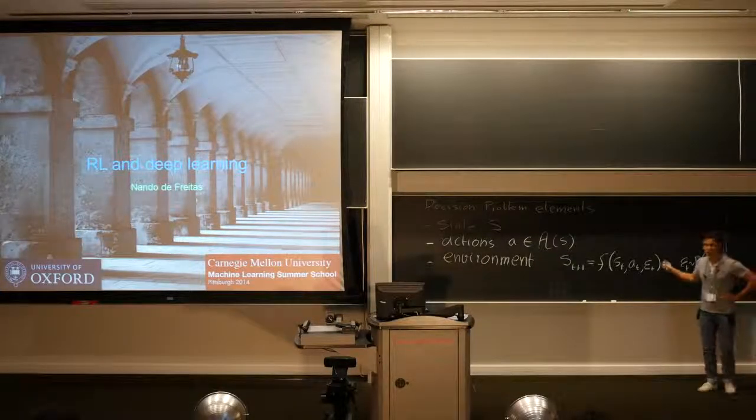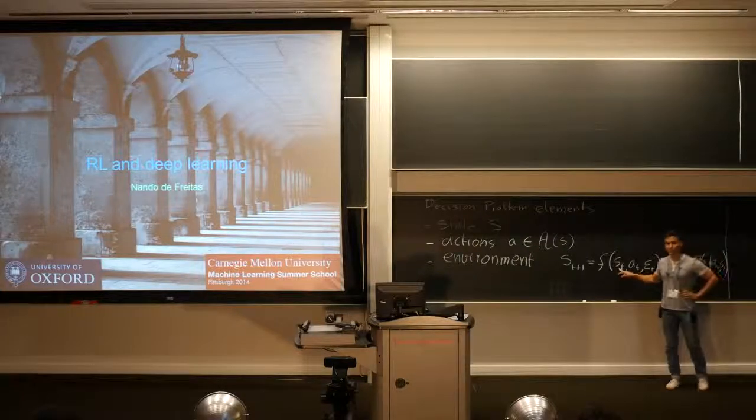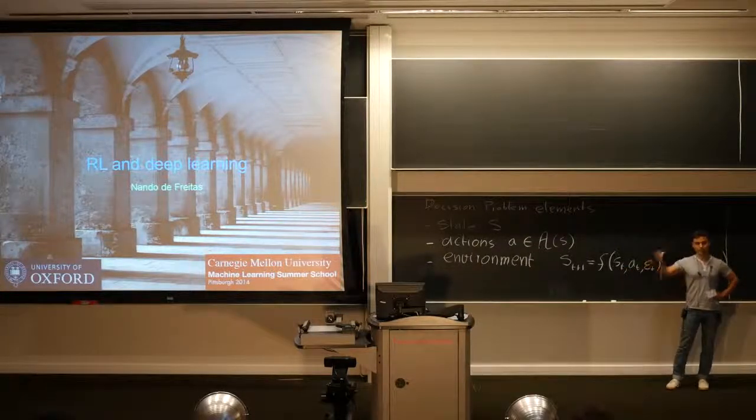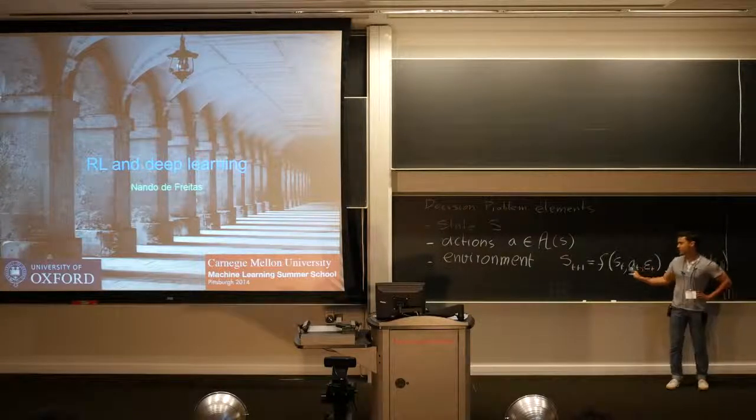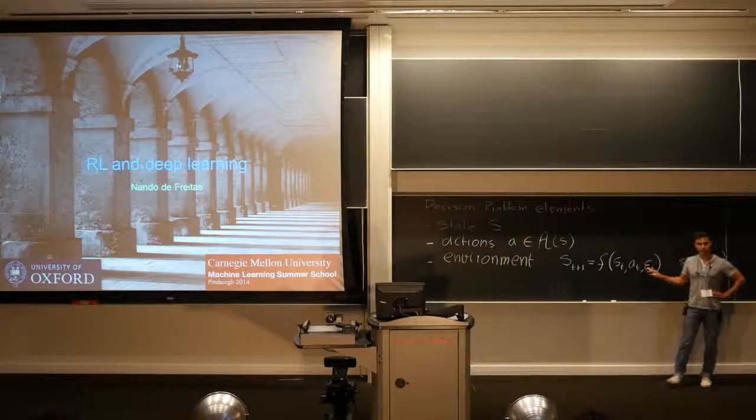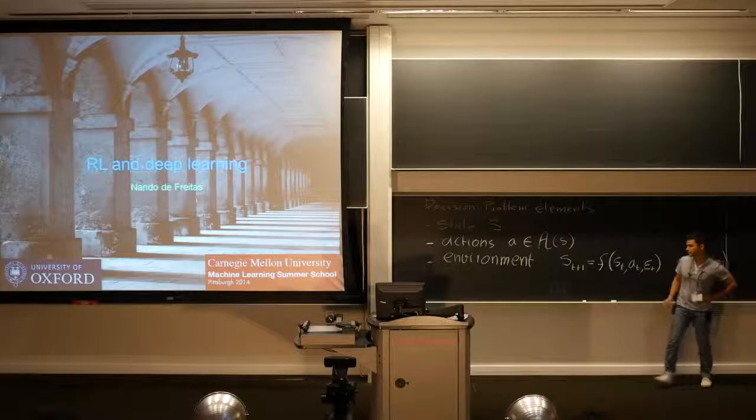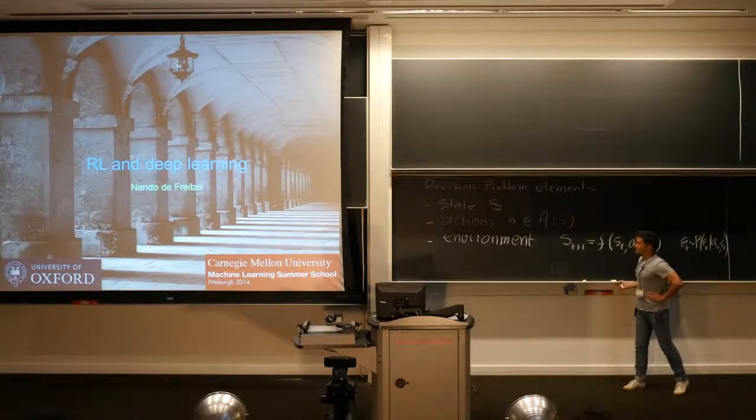Okay, so you sense the world, you act upon the world, and the world changes. It changes in a deterministic fashion, but it also has unpredictable elements to it, which I encode with epsilon.